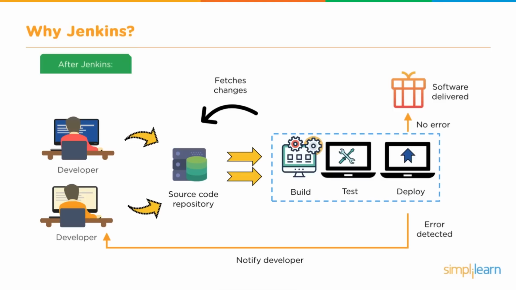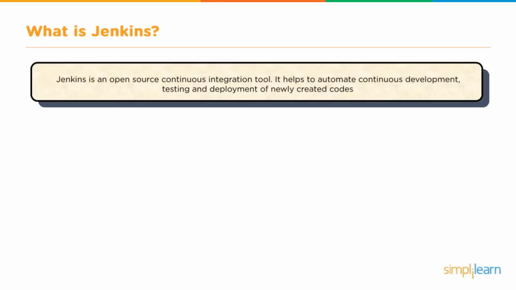After Jenkins, we have the ability to streamline this whole process. The build, test, and deploy happens continuously and is able to notify developers, and the specific developer, of any errors that are detected, speeding up the delivery process much more efficiently. The focus of Jenkins is that it automates a continuous development, testing, and deployment environment. And it's open source.